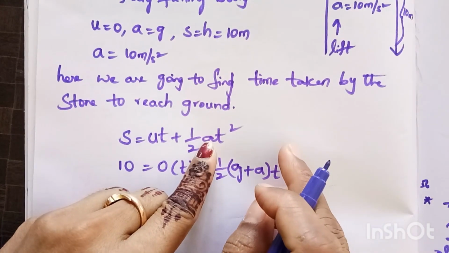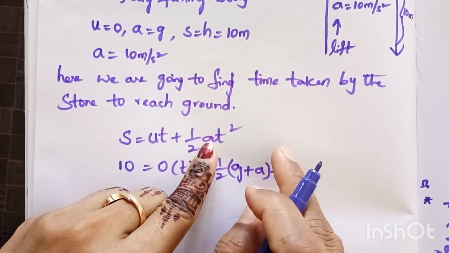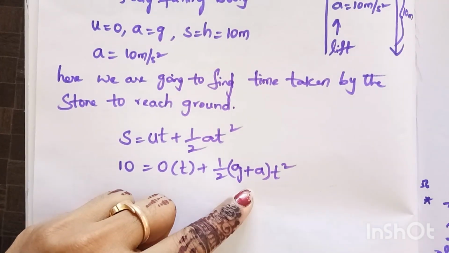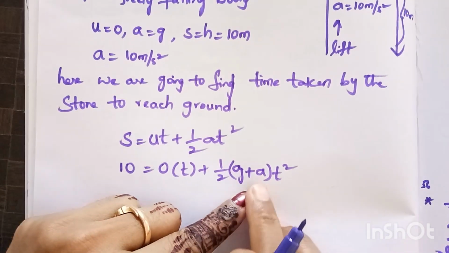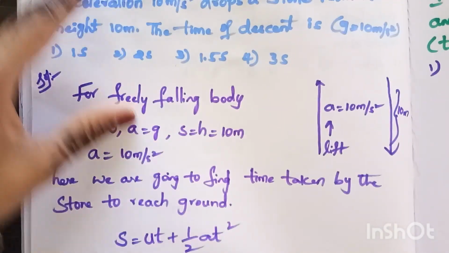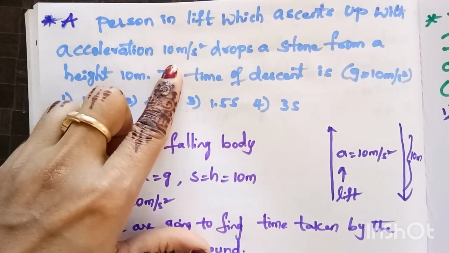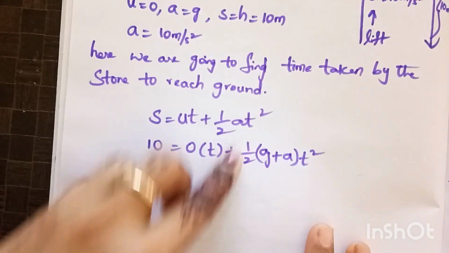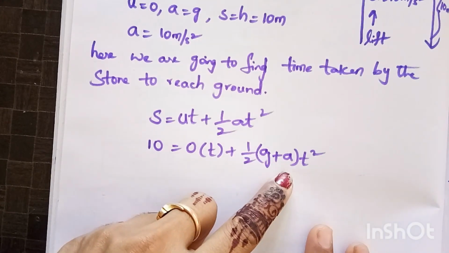As you all know, for a freely falling body, in place of a we take g, but we are considering g plus a, because they have mentioned both acceleration and acceleration due to gravity. So in place of acceleration we should consider g plus a.